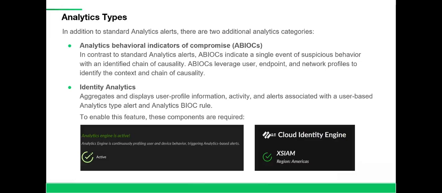But for us to enable the identity analytics, it's required to enable the Cloud Identity Engine. Cloud Identity Engine is another cloud service that can be integrated with XIAM, right?